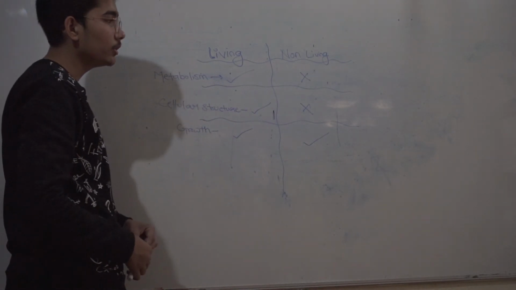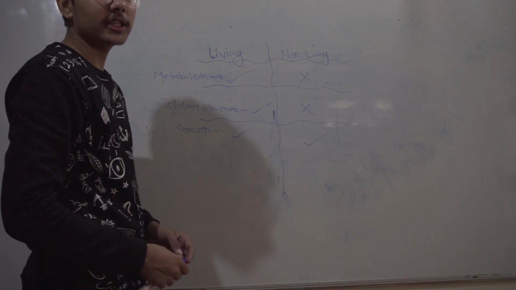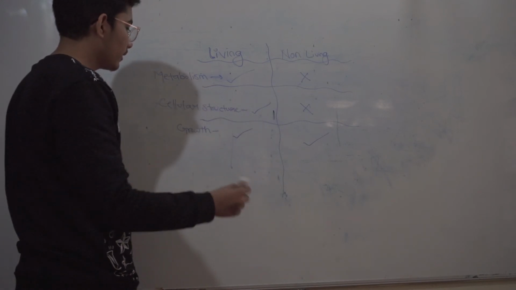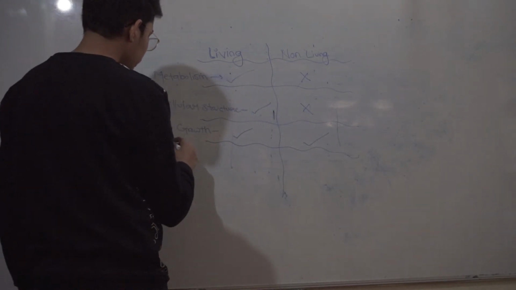As you have studied, growth occurs in living as well as non-living ones. But I have made clear that in the case of non-living, it is external, extrinsic growth. Now, reproduction.